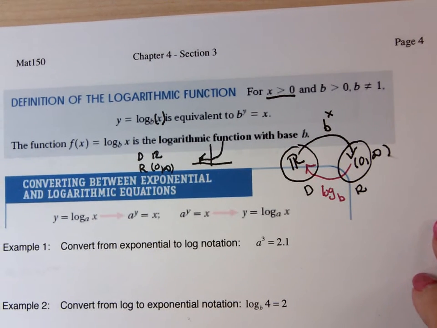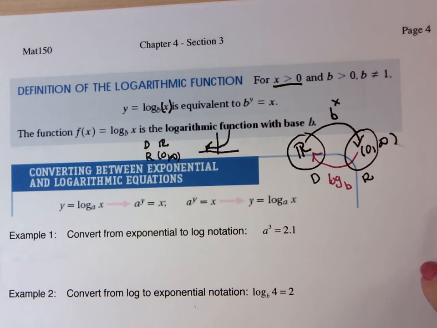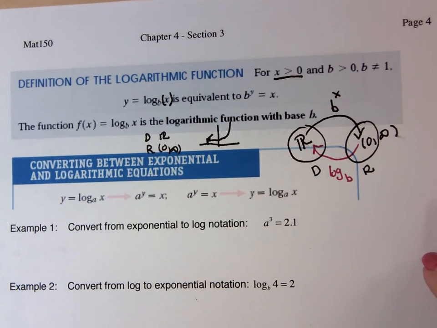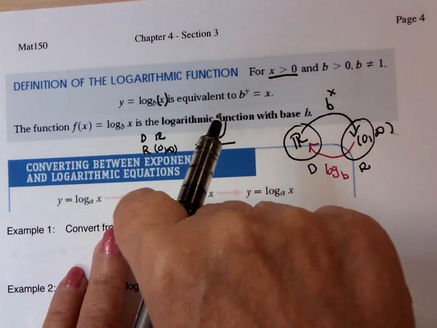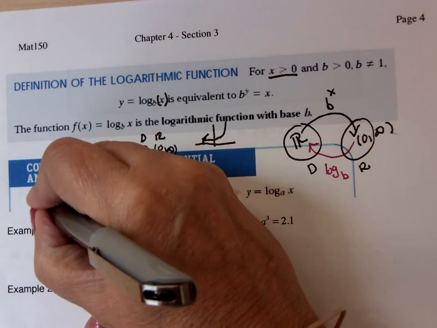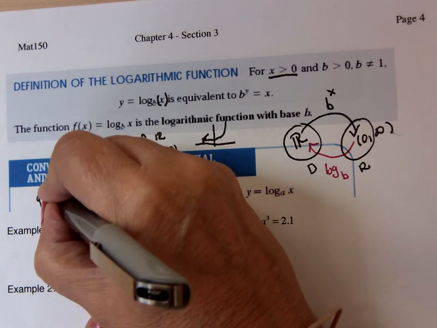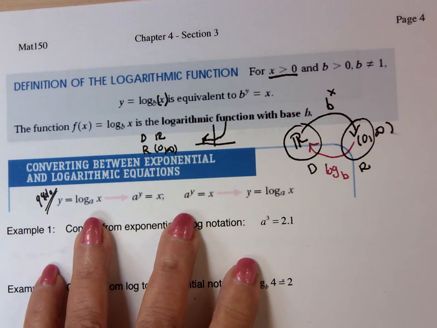Domain and range. One of the biggies, and it's more about equation solving than some of the things we're going to do with derivatives, is being able to write things from log notation to exponential, and exponential to log. This is 99% of our world, going from log to exponential notation.